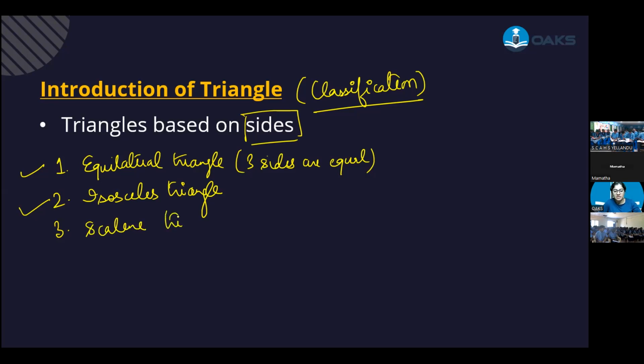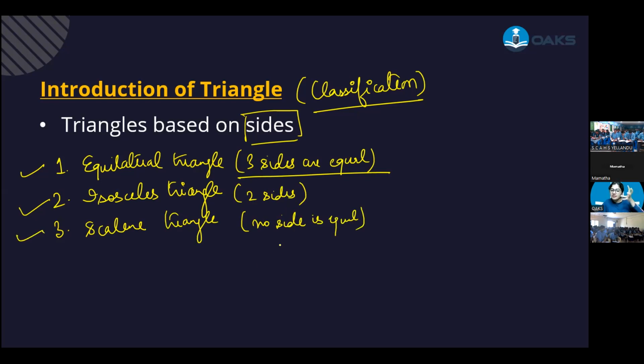It is the scalene triangle. See, here all three sides are equal, here only two sides are equal, and here no side is equal. So these are the three types of triangles which are classified based on sides.